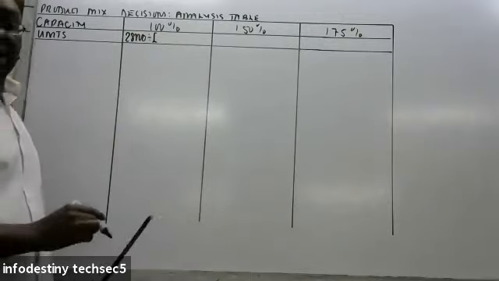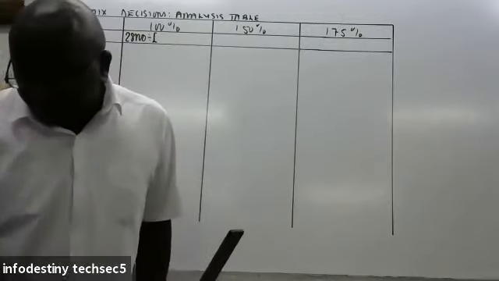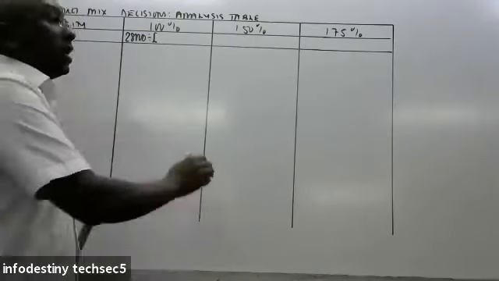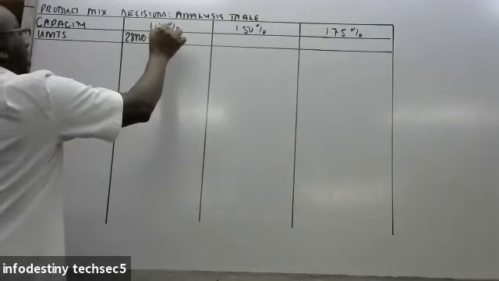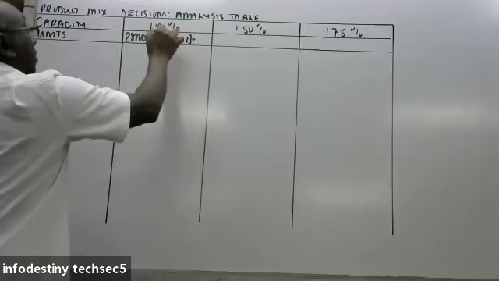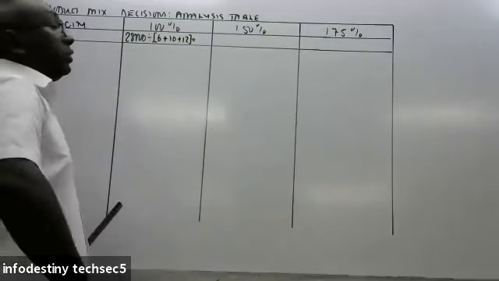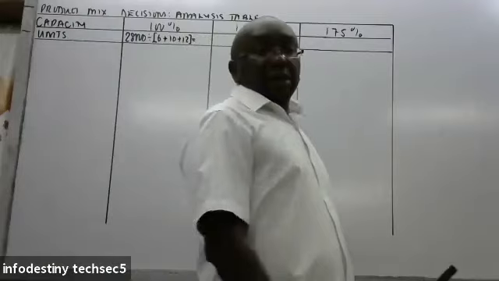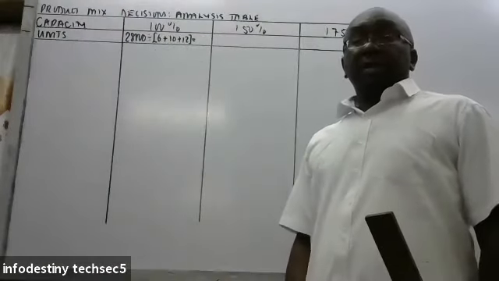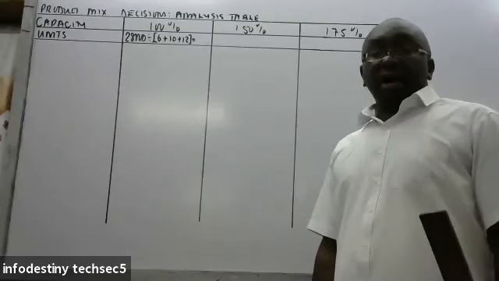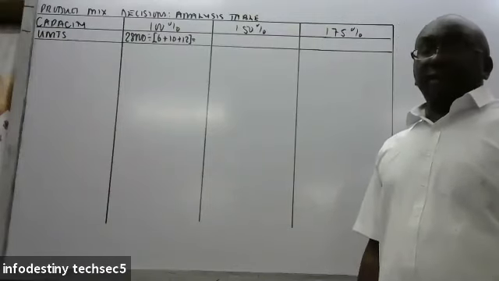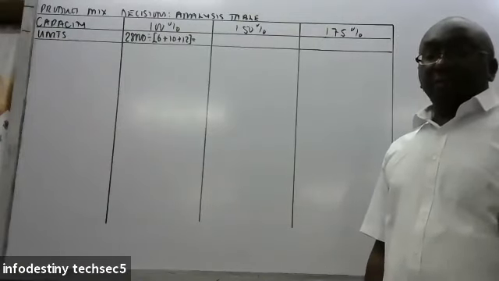Now, these 28,000 hours are enough to make units taking 6 hours, 10 and 12. So if you divide 28,000 by these three, tell me how many units those are. So that we know at 100% or currently how many units we are able to make.